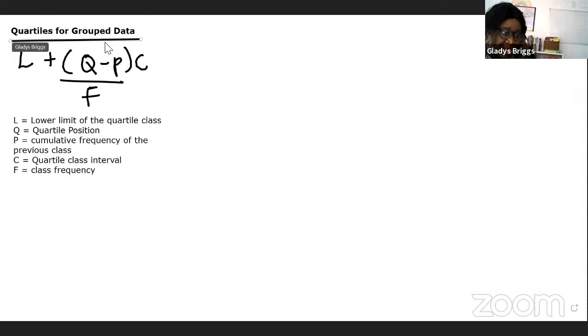So let's say you have this example right here. You got this table, and then you have weight, maybe in kilograms, and then you got the frequency.